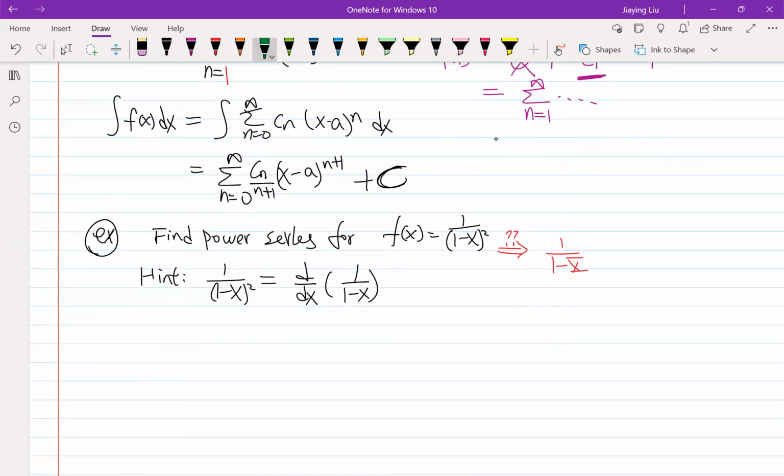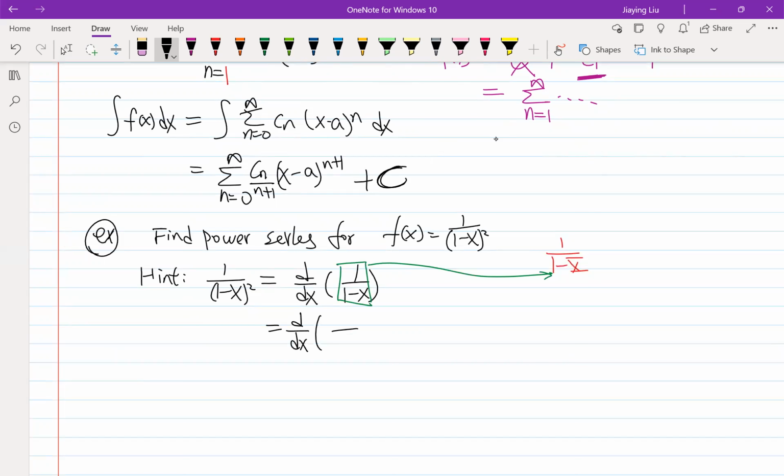It's helpful because 1 over 1 minus x is basically this form, right? We can figure out the power series for that 1 over 1 minus x easily. And then all we have to do is take the derivative. So leave the derivative part. And then what is the power series for 1 over 1 minus x?